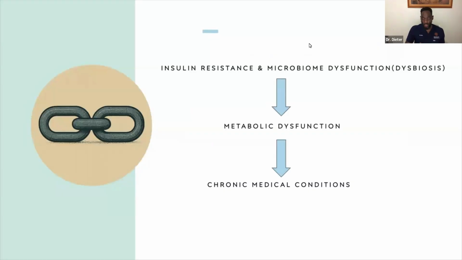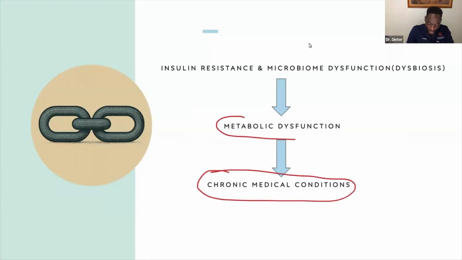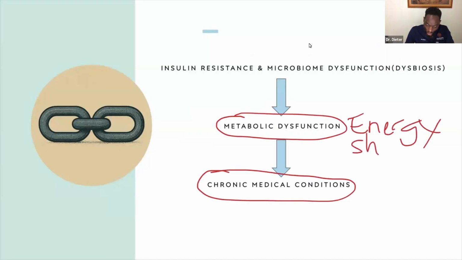We now have more and more evidence that most of the chronic medical conditions that we face today are a result of metabolic dysfunction. Metabolic dysfunction is just simply a fancy medical term to say energy shortage. So, for the purpose of this talk, anytime you hear me say metabolic dysfunction, you could substitute that for energy shortage.